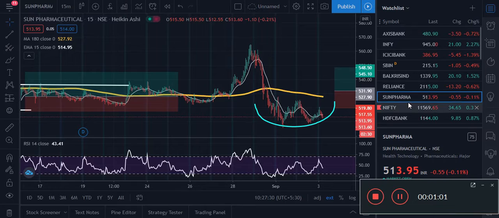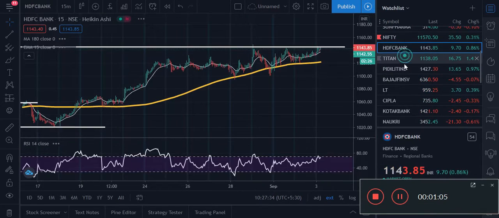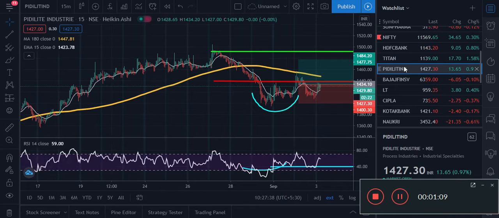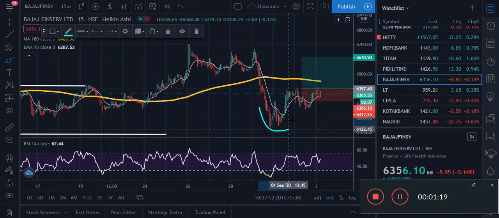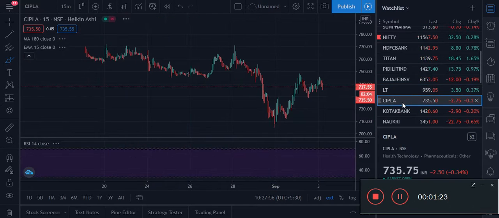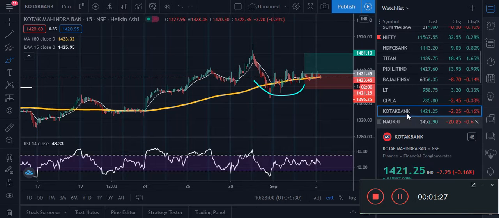It's still happening but not yet. Then you have Titan, Pidilite, Bajaj Finance, yes, you have it here as well, a beautiful pattern. Do you have it in LNT? Yes, and in Cipla, yes. So you get the whole point, right?